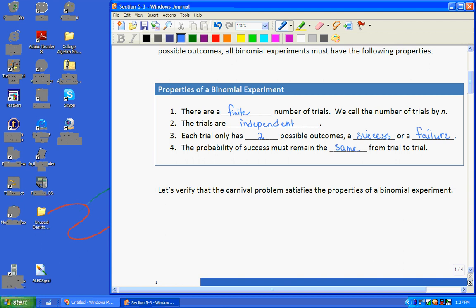So taking into consideration the 4 properties of a binomial experiment, let's verify that the carnival problem satisfies the properties of a binomial experiment. So number 1, there are a finite number of trials. Well, yeah, there are, because there are 10 children who will play.